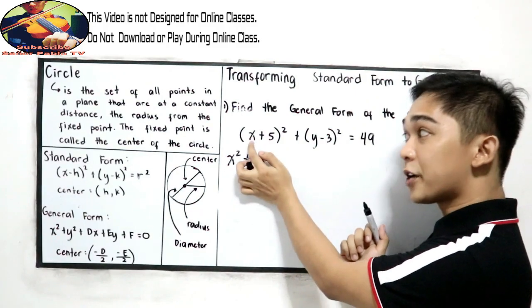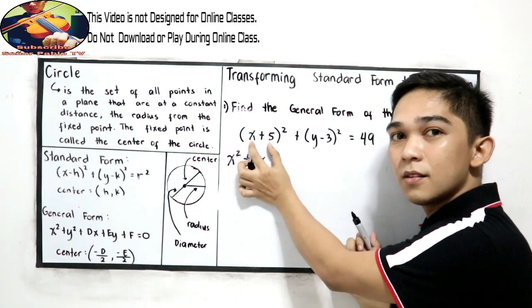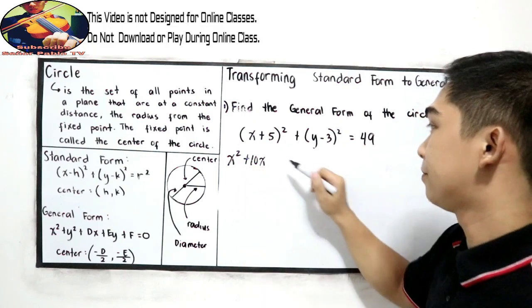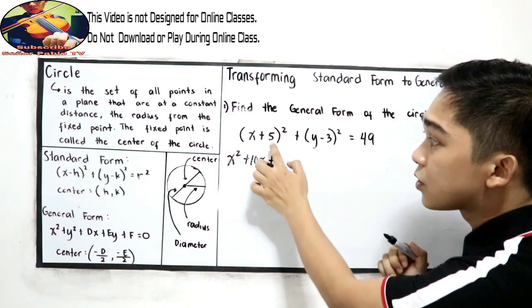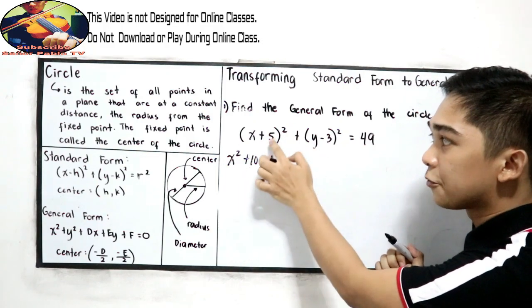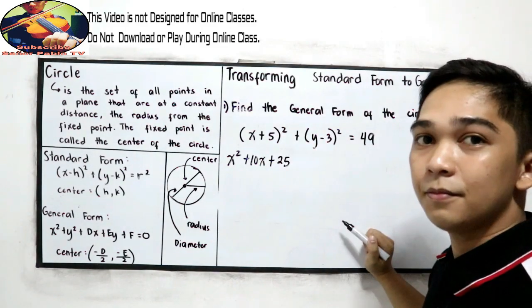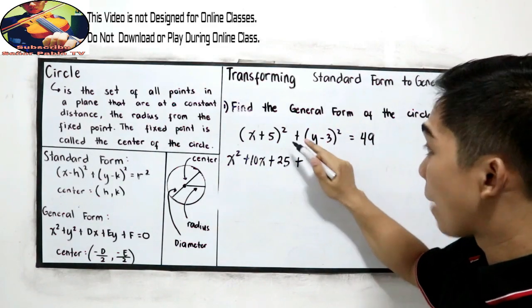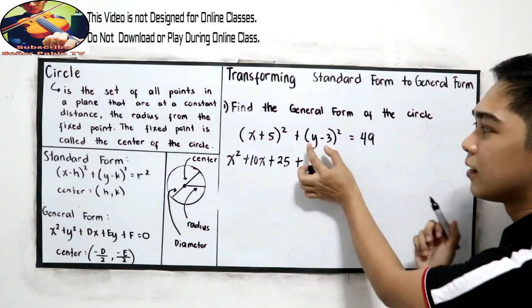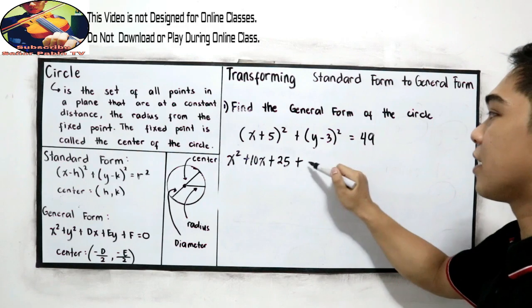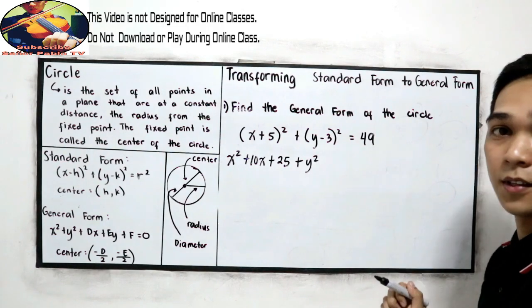Again, multiply the first and the second term times 2. That's why we have 10x. Plus, square the second term. 5 squared gives us 25. Copy the plus sign. Now, square the first term, that is y squared.